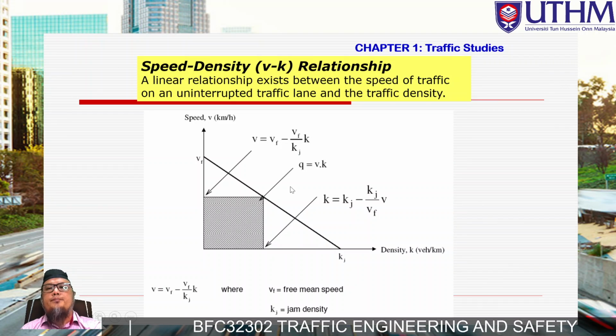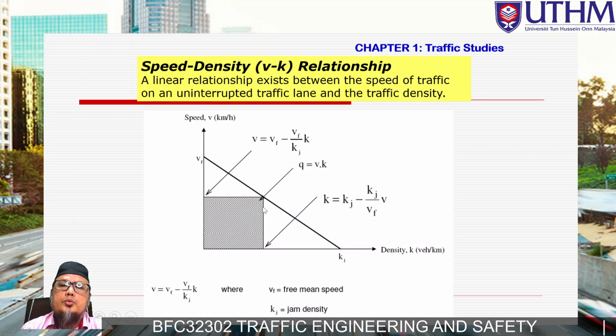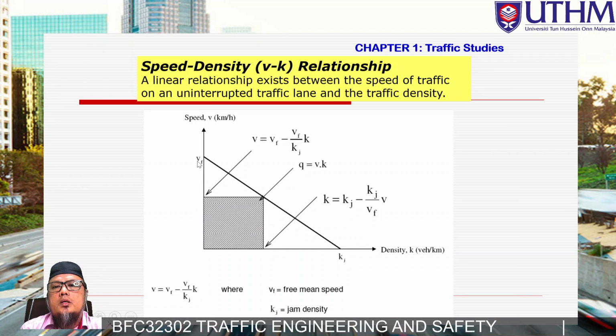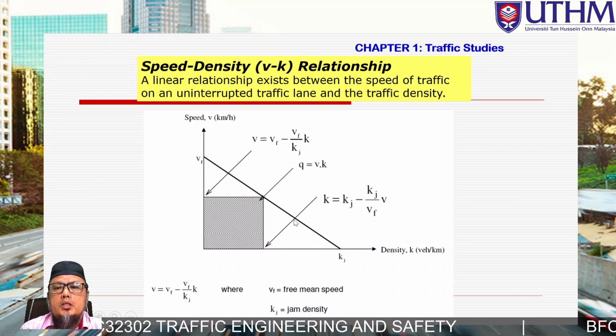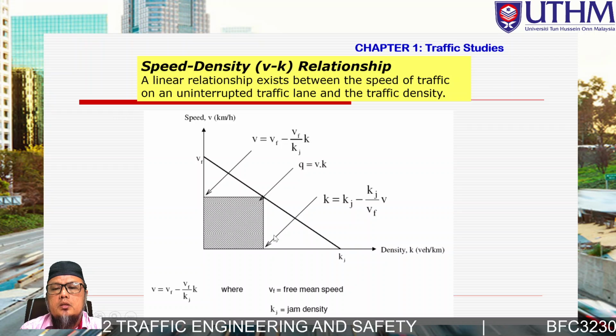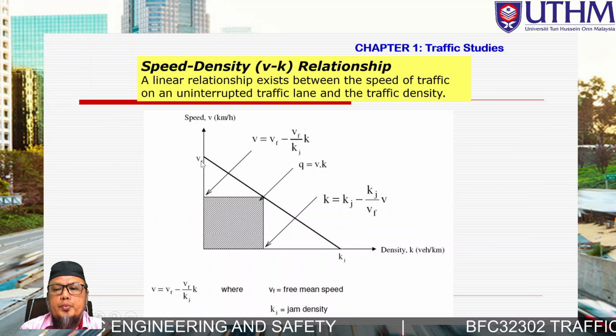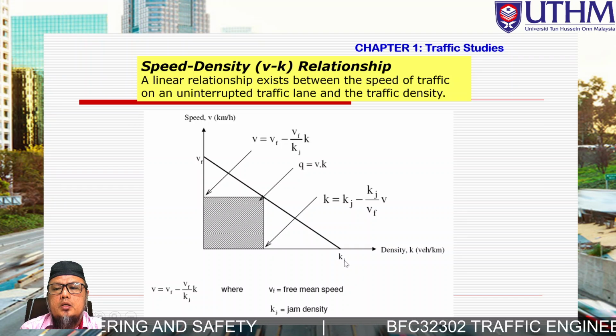Okay, these are the functions that represent the relationship between speed and density. Here we have Vf, the free flow speed, or free mean speed. This one is Kj, the jam density.